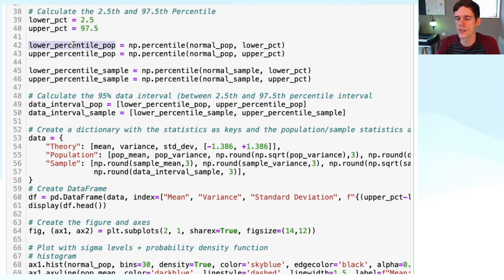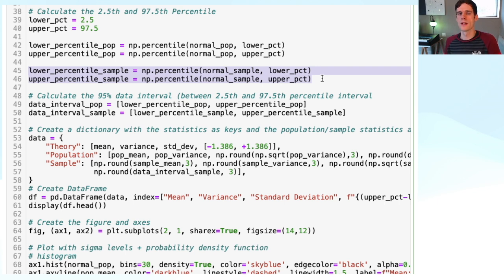Then the lower percentile of our population is the np.percentile, normal population, and 2.5. Same for the upper percentile of our population, which will be numpy.percentile, normal population, and 97.5. Now, exactly the same, of course, for our sample.